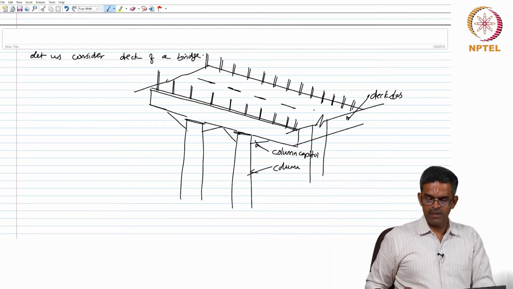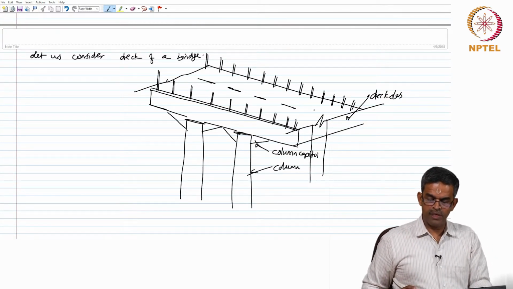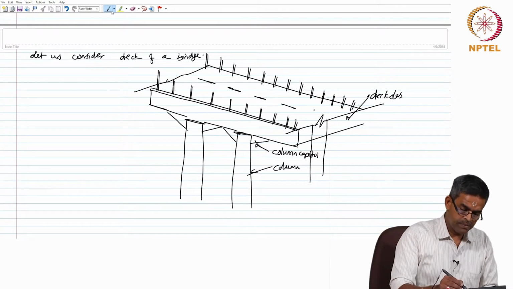What would be the parameters which will be observed on this bridge in terms of health monitoring?